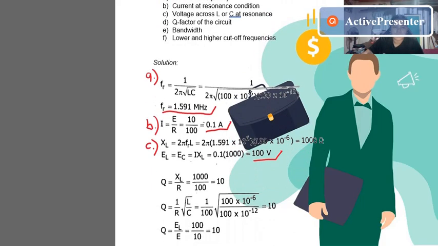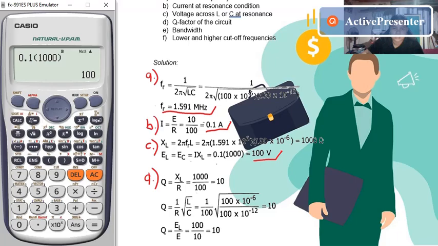Next, we have D, the Q factor of the circuit. The formula is Q equal to XL over R. There are many formulas for the Q factor, as long as the values are given. For quickness, 1,000 divided by R, which is 100.